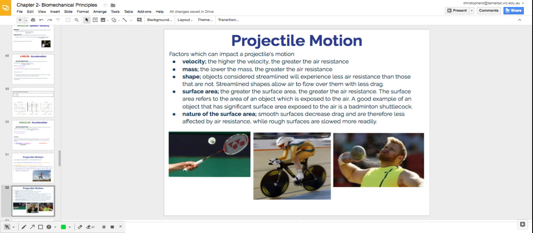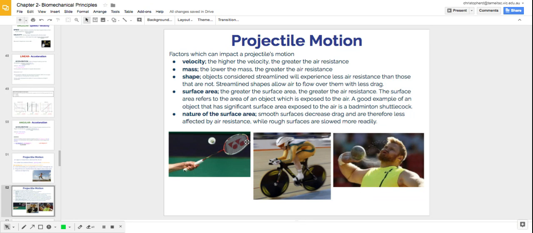With projectile motion, there are different factors which are going to impact on it. The higher the velocity, the greater the air resistance. If you have a lower mass, then there's going to be a greater air resistance as well. The shape is also important, because with a streamlined shape, for example a cyclist wearing a helmet like this, they're going to experience less air resistance.